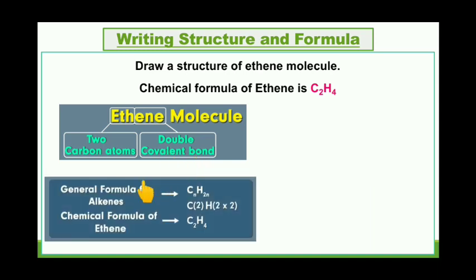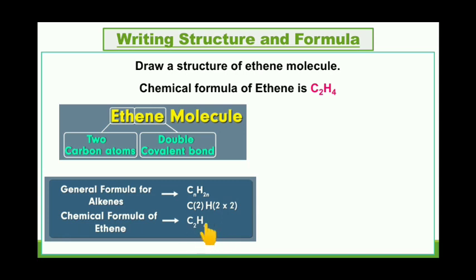So its general formula is CnH2n. So you can get the number of hydrogen atoms if you substitute 2 carbon atoms in this formula. So CnH2n, that is C2H2 into 2. Simplifying this, you get C2H4.